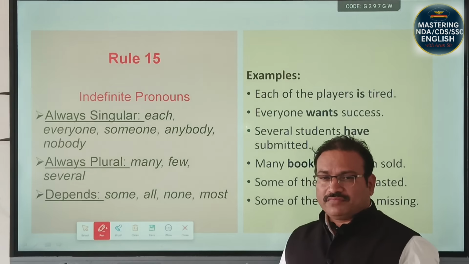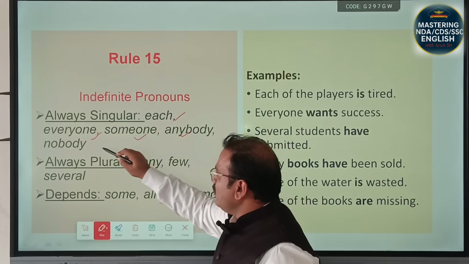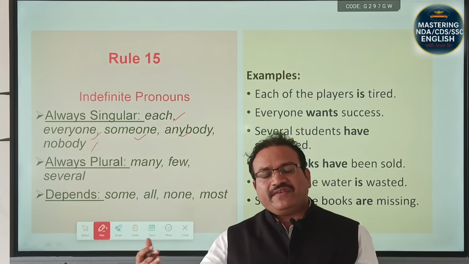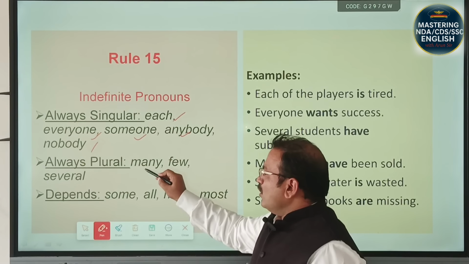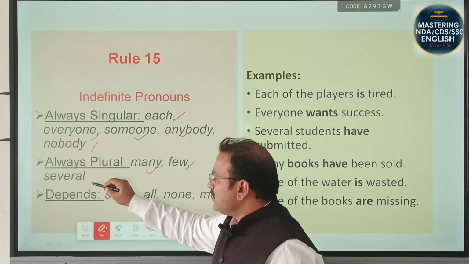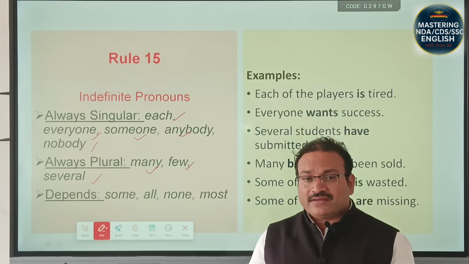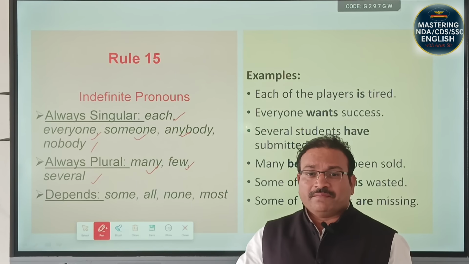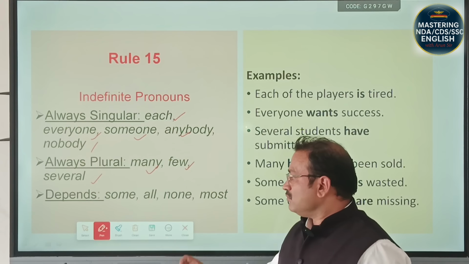Indefinite pronouns. Each, everyone, someone, anybody, nobody, either, neither. Indefinite pronouns that are always plural: many, few, several. There are some which depend. Sometimes they are plural, sometimes they are singular, depending on the nouns used with them.